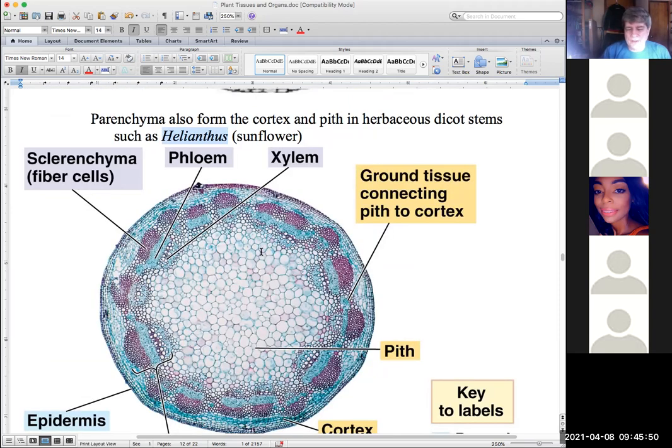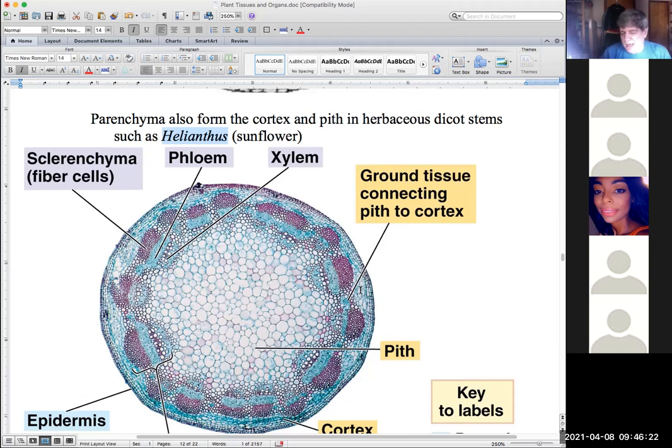Okay, so if we look at this, in the middle, we have this big area inside the xylem and phloem. And so this is the pith, and this pith is going to be mostly parenchyma cells. Now, our vascular bundles, our xylem and phloem, are these clumps in here. They kind of remind me of candy corn, like you see in Halloween, because there's a couple of different bands with different colors.